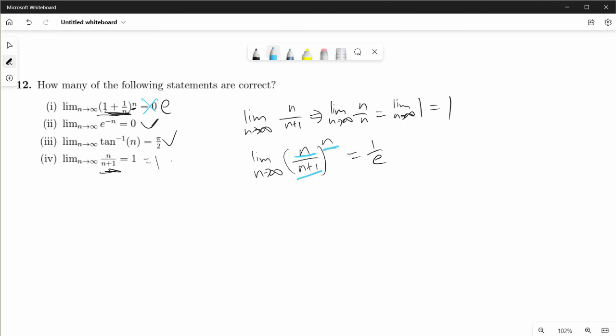I'm taking this difference and multiplying it infinitely many times, which comes out to be e, some magical number that we deal with a lot. So that's the difference between having that power and not having the power on number 4. But number 4 is correct. It is 1. So now we have 3 correct statements.